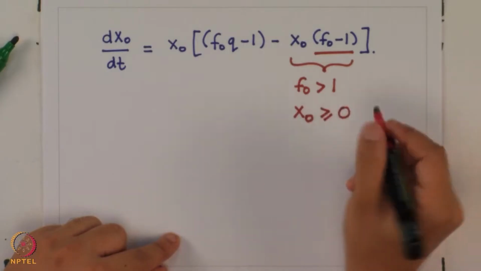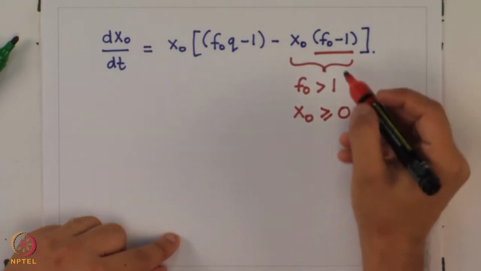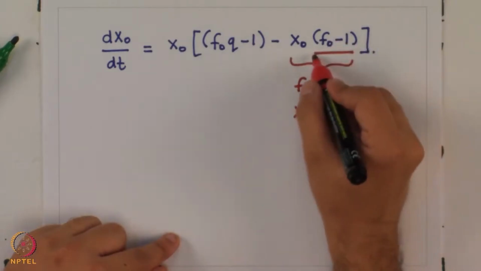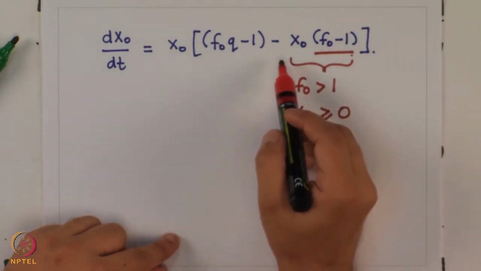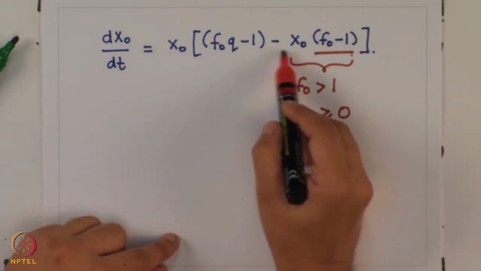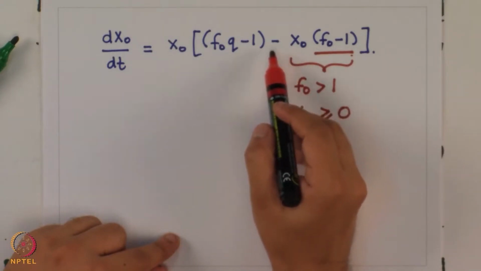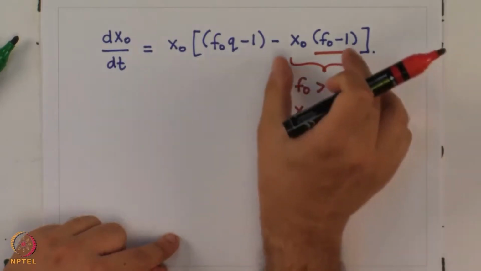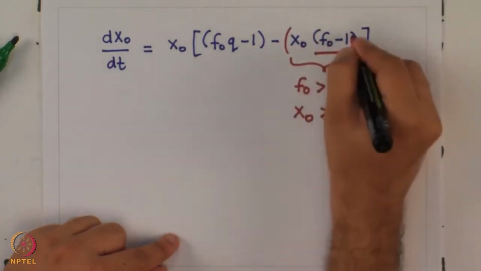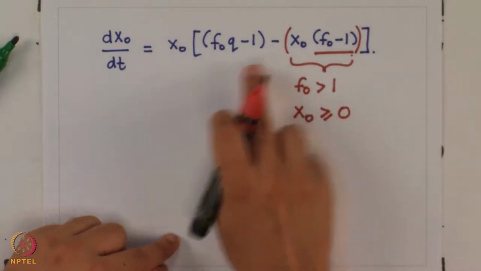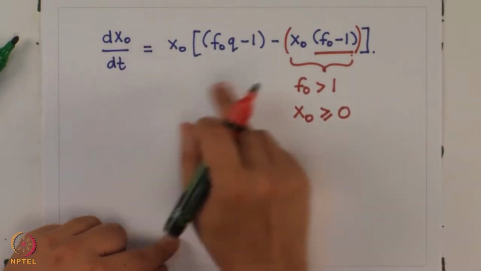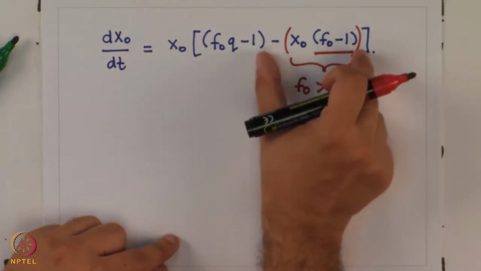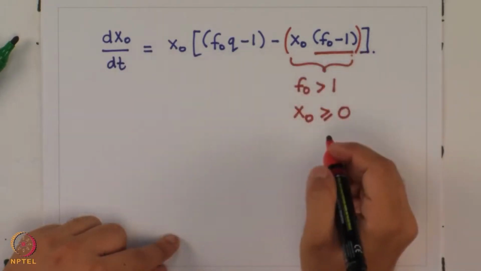What that tells us is that this is a positive quantity and this is a positive quantity. So, the relative contribution which is coming from here is always going to be negative. This whole quantity is positive, hence the relative contribution towards dx naught by dt, which comes from this entire expression, is negative.